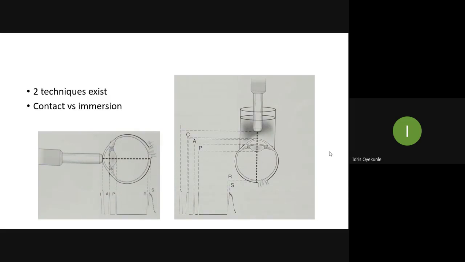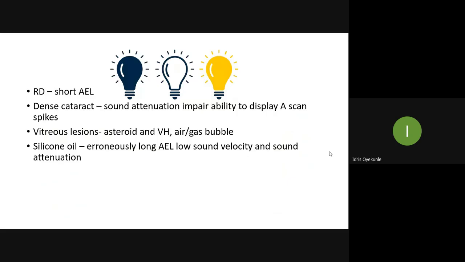So I won't bore us with biometry, but it's important to know that this is an aspect of the use of ultrasound in ophthalmology. It's important to be aware that when there's retinal detachment, there'll be shortened axial length, so one has to take note of that.